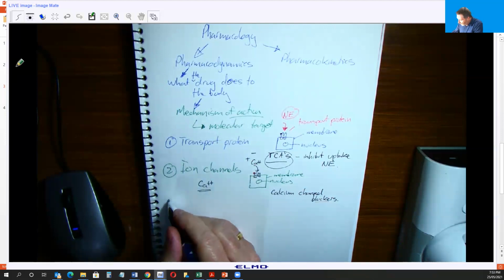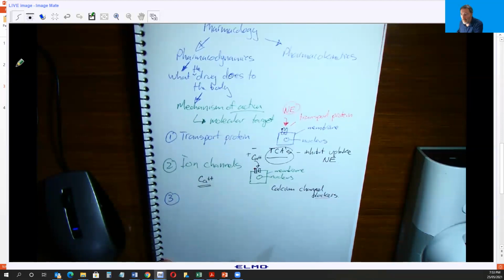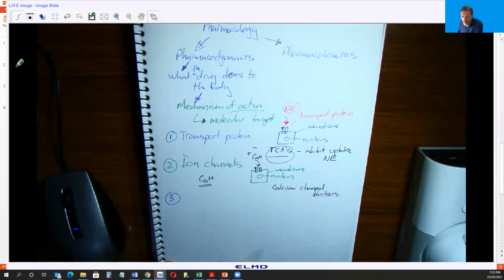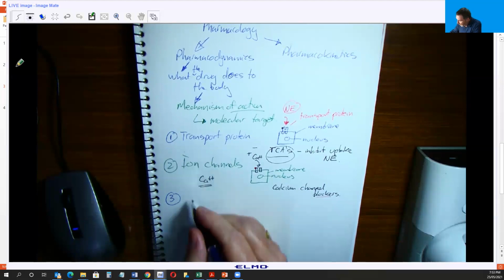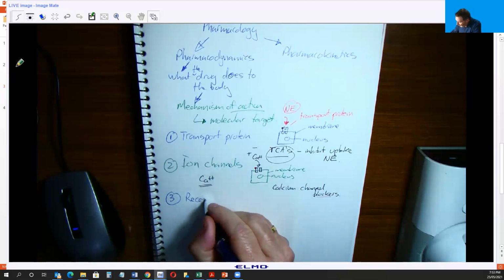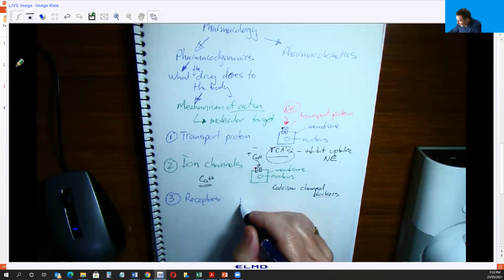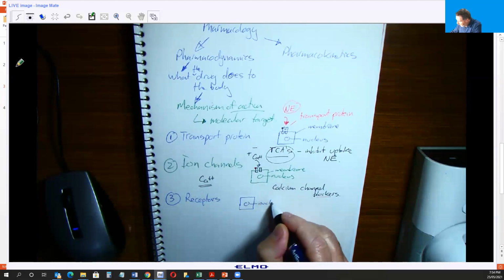All right, there is now another example. So what is the other example of a molecular target in our body? Well, on the surface of our cells, quite often there are structures called receptors. Again, I'll draw a cuboidal cell, and there's the nucleus in the middle again, and there's the membrane.